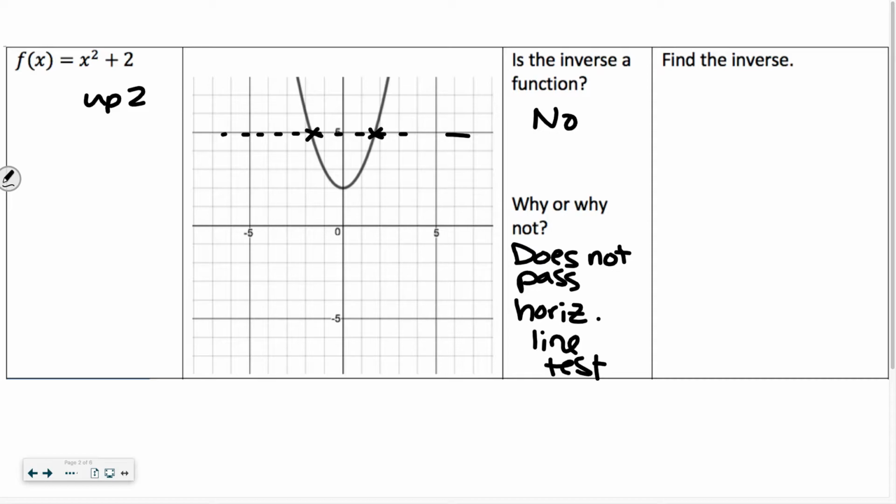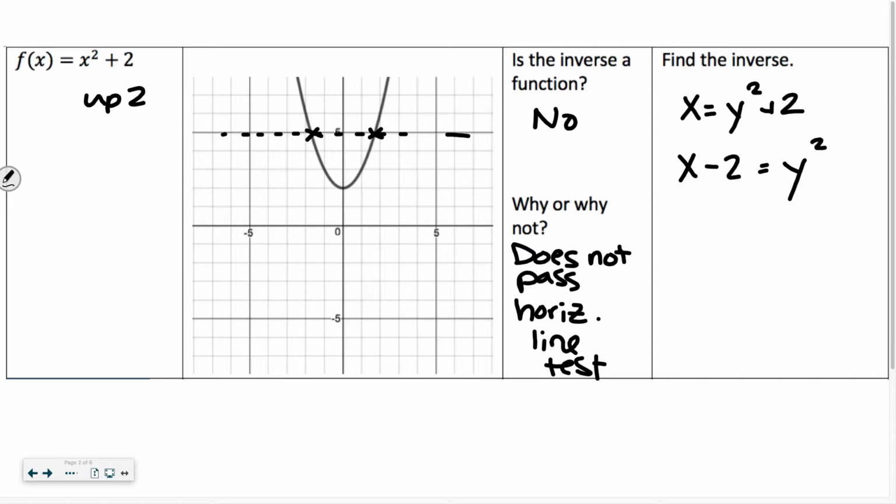We're going to switch x and y. X equals y squared plus 2. Solve for y. What do you move first? Minus 2 on both sides. X minus 2 equals y squared.